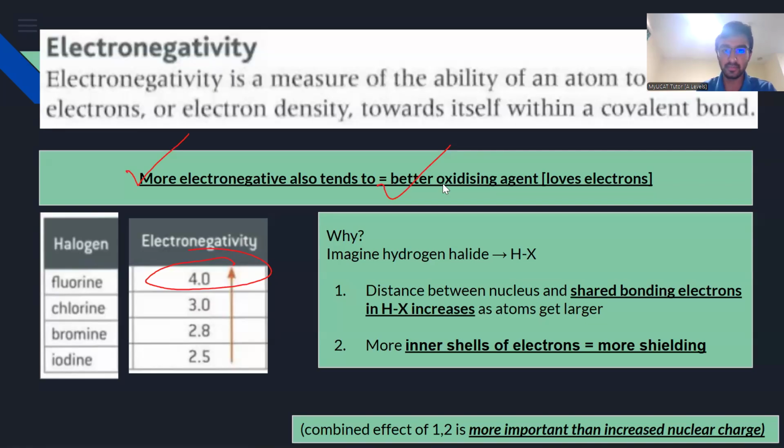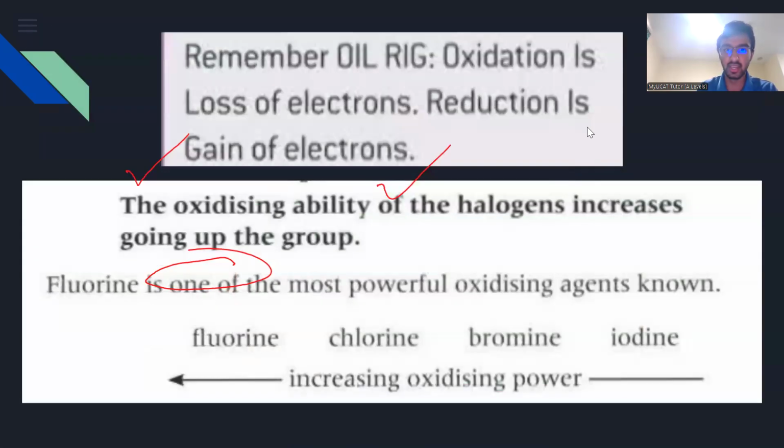Does that make sense? It's more capable of stealing the electrons. So fluorine is going to be the most powerful oxidizing agent. Iodine is not very electronegative, and it's also not a very good oxidizing agent. So iodine is not very able to take the electrons. Is everyone following that?